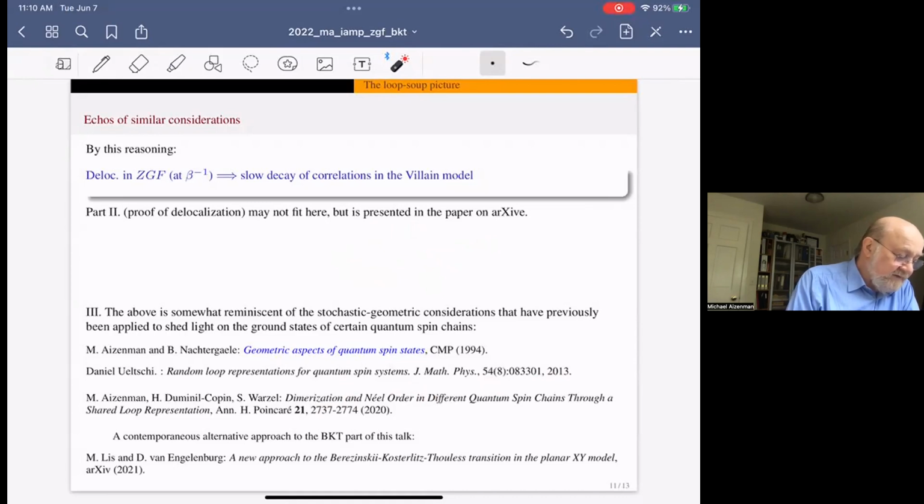And some of that was presented in the joint work of 2020 with Hugo Duminil-Copin and Simone Warzel. And finally, let me say that a contemporaneous, alternative approach to the Berezinskii-Kosterlitz-Thouless transition, which does not use the pinning but produces still another proof pretty much in line, resonating with what we discussed, derived independently, was presented by Lis and Engelenburg.